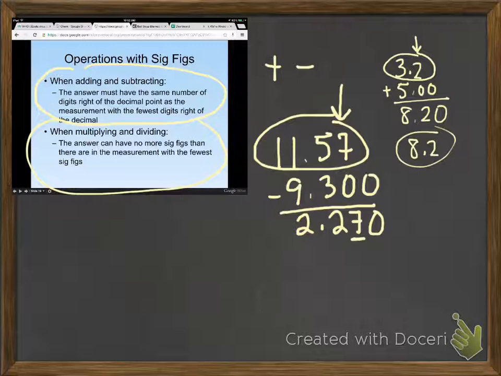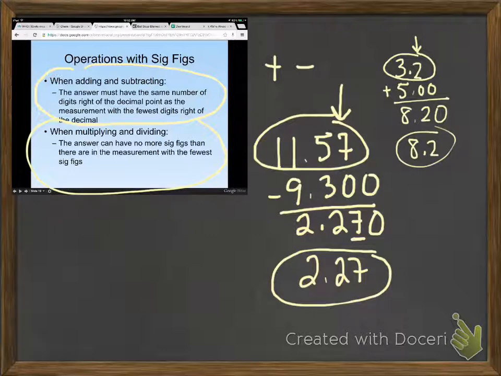Though our raw answer is 2.270, our final answer for this problem should be recorded as 2.27. Okay, those are pretty simple. Just remember, when adding and subtracting, you're looking at the number of digits behind the decimal, and you're always looking for the number that has the fewest.